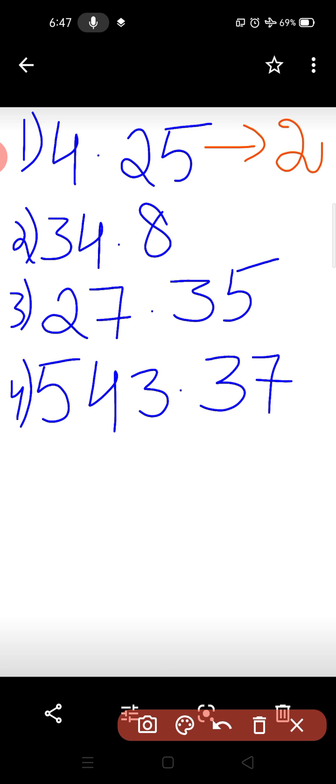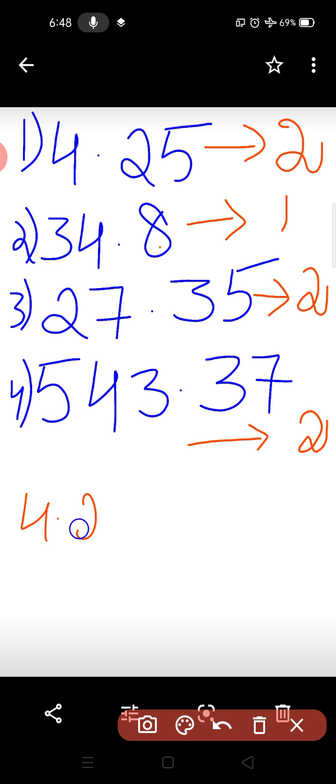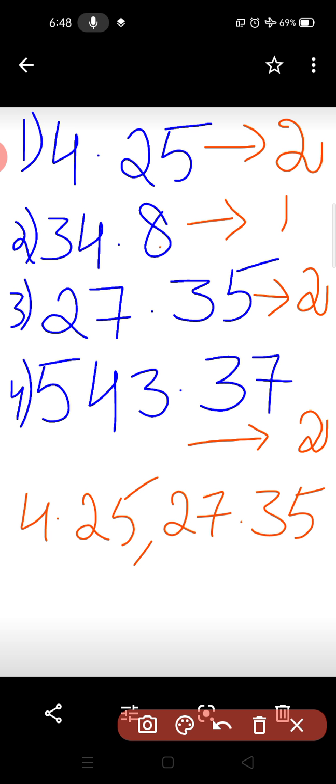Now, the first number, 4.25, the third number, 27.35, and the fourth number, 543.37.